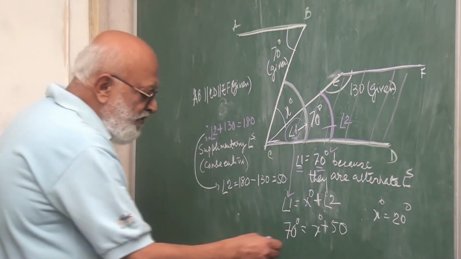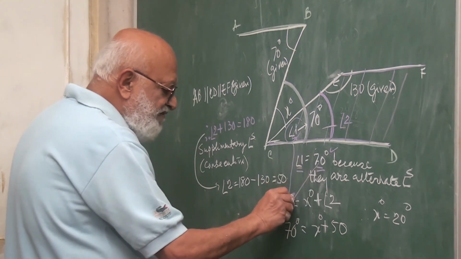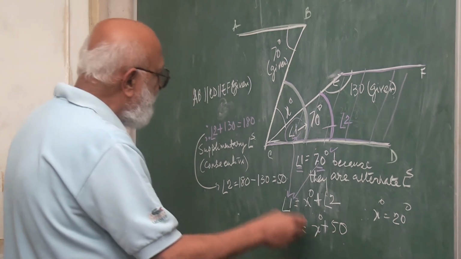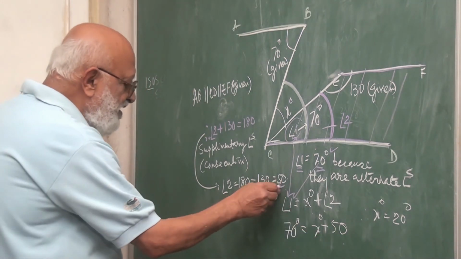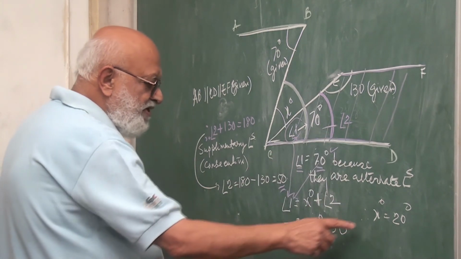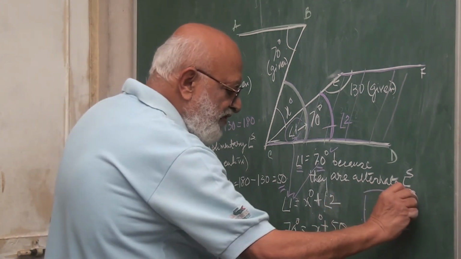So 70 equals x plus 50, where 50 we found from angle 2. So x will be equal to 20 degrees.